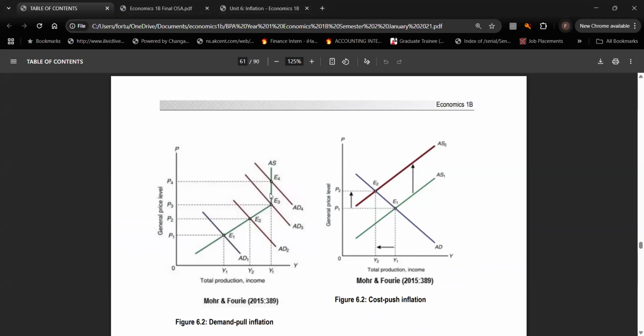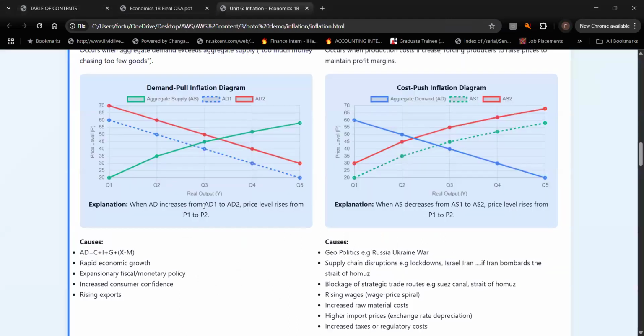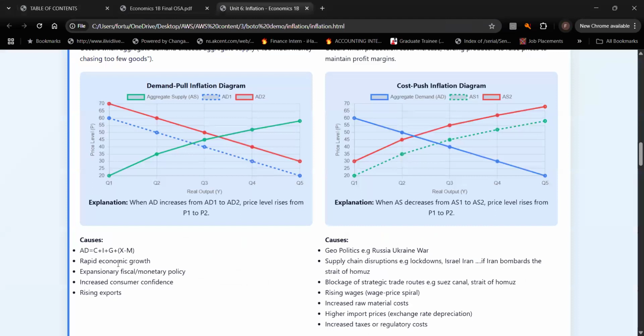Firms cannot adjust production due to inflexibility of resources. And when aggregate demand is pumping pressure more than the firm's ability to deploy resources, that is where price instability kicks in. So that is where economic growth is linked to the issues relating to inflation.